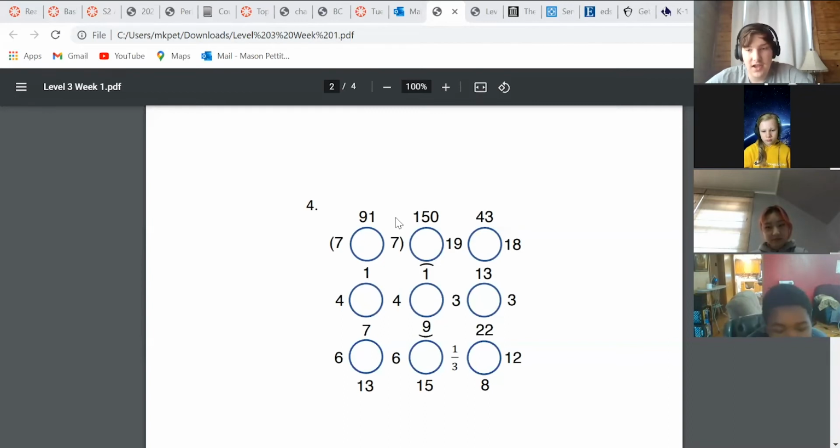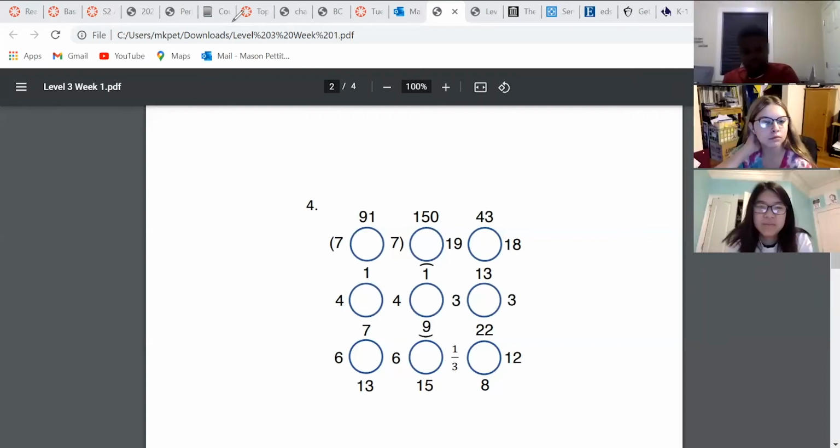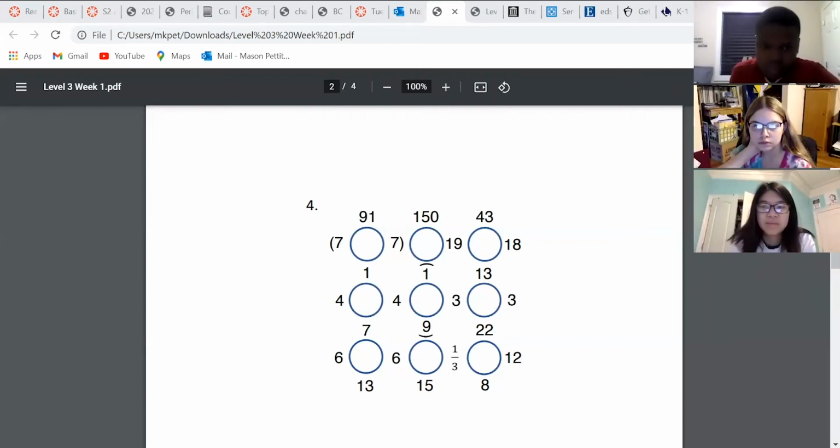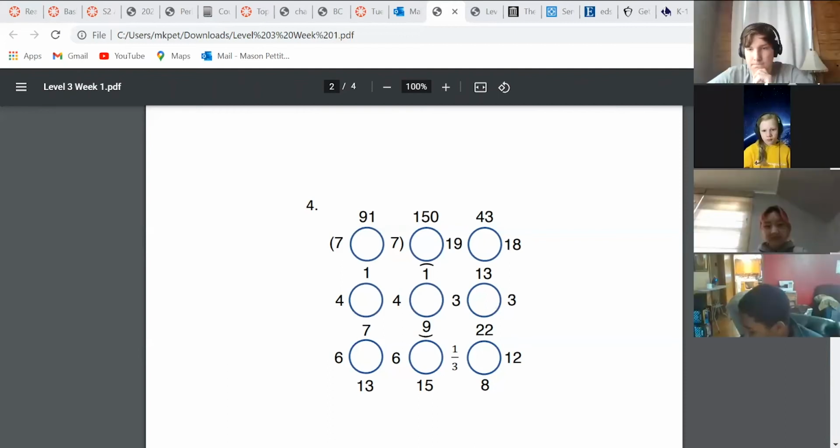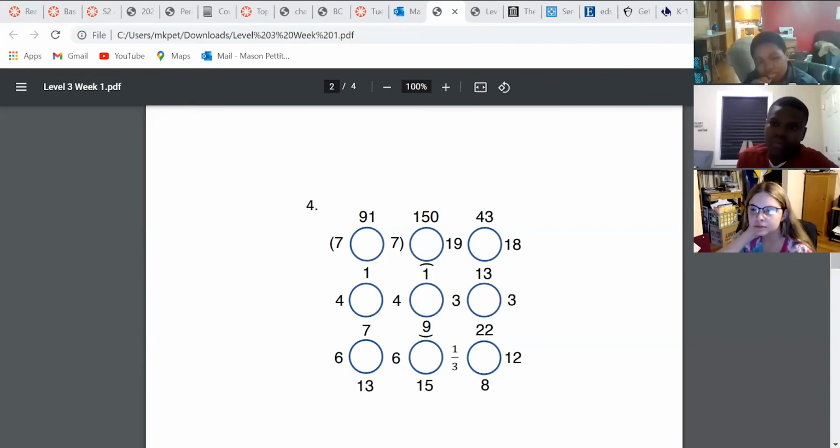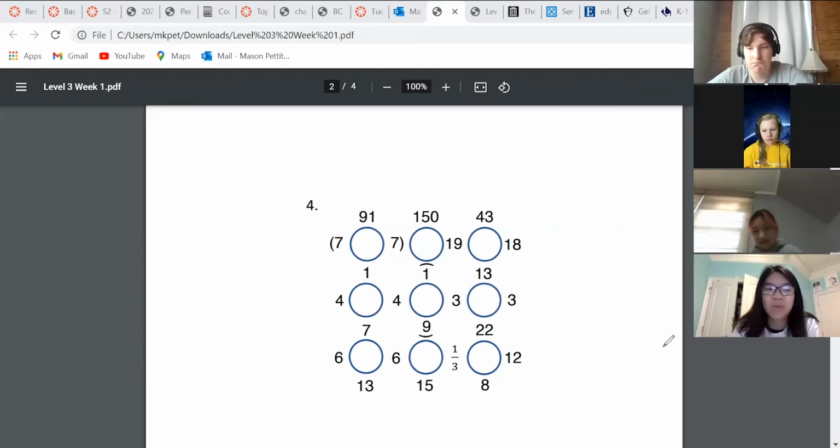Does anybody have any ideas how we want to do this top row? If not, I can kind of help us along a little bit. Even if it's not the top row, does anyone have a row that they think they know the operation for? You can raise your hand and we can put it in.